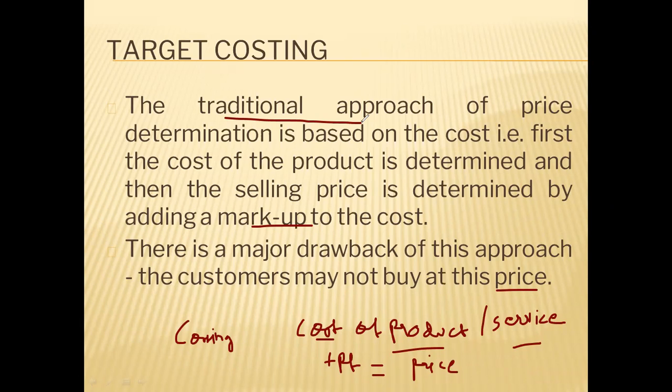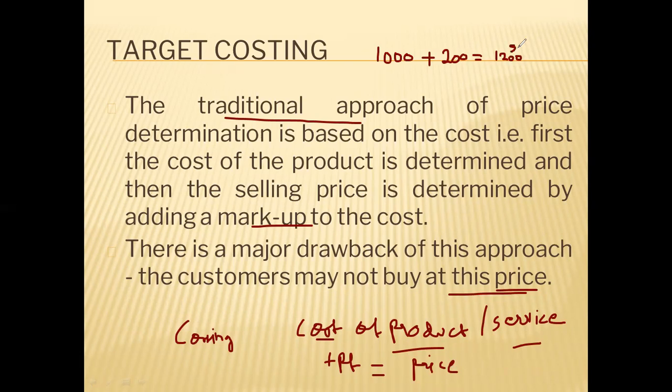But one disadvantage in this method is that the customer may not buy at that price. For example, a simple example: if 1,000 rupees is the cost of producing an article, and you add 200 rupees as your profit, then the price of that product will become 1,200.